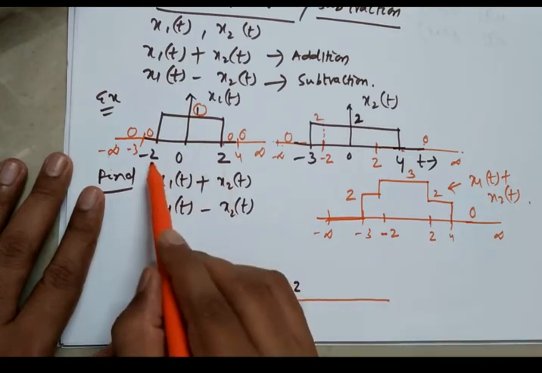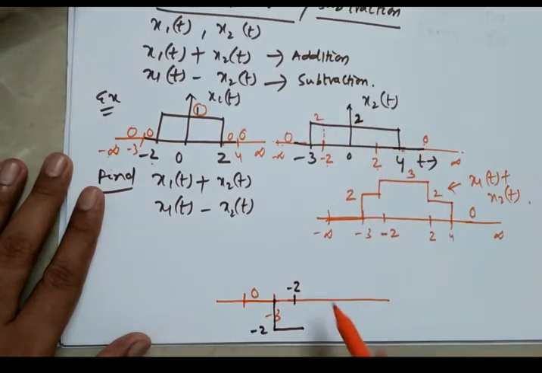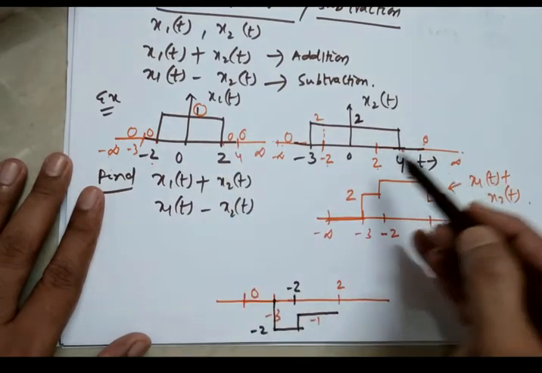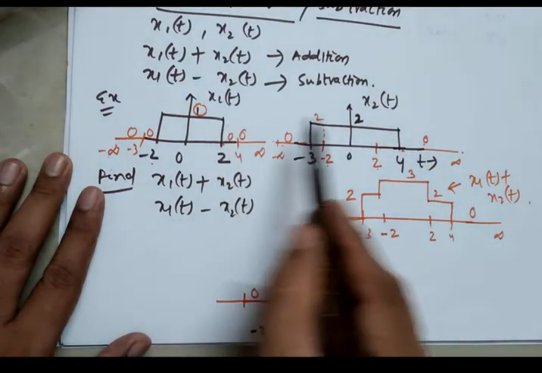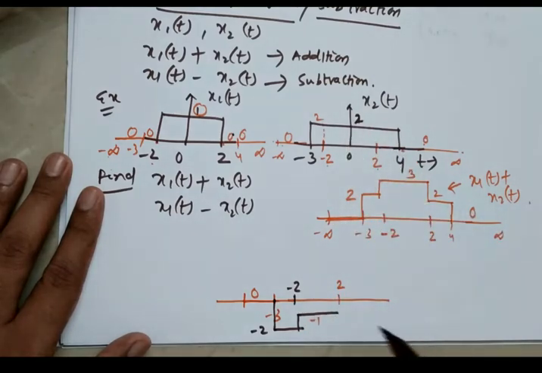Now from minus 2 to plus 2, x1(t) is 1 and x2(t) is 2, so 1 minus 2, it is minus 1. Now finally from 2 to 4, x1(t) is 0 and x2(t) is 2, so 0 minus 2, it is minus 2.